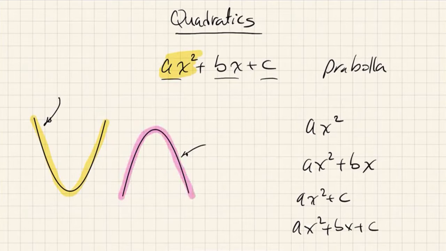If the quadratic is in the yellow shape, the number before the x squared, a, is positive. Whenever a is positive, the shape of this quadratic will be like the yellow shape. Whenever a is negative, the shape will be upside down like this.